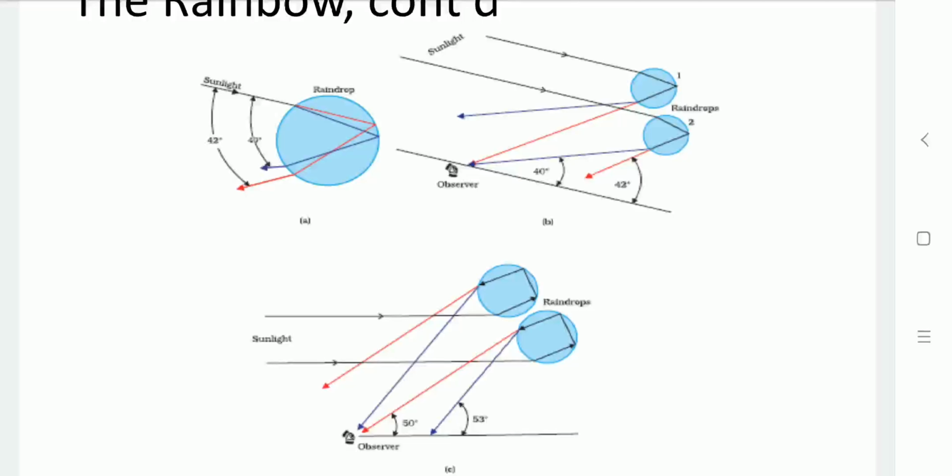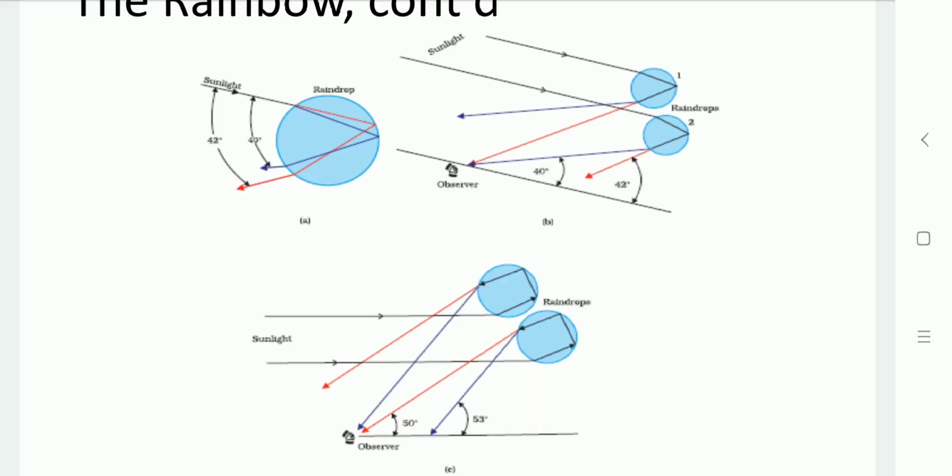As we saw in the table in the earlier session, red light has the longer wavelength and violet light has the least wavelength. Here only the higher and lower wavelength components are shown, that is red and violet. In between these two rays, all the other color rays are available.